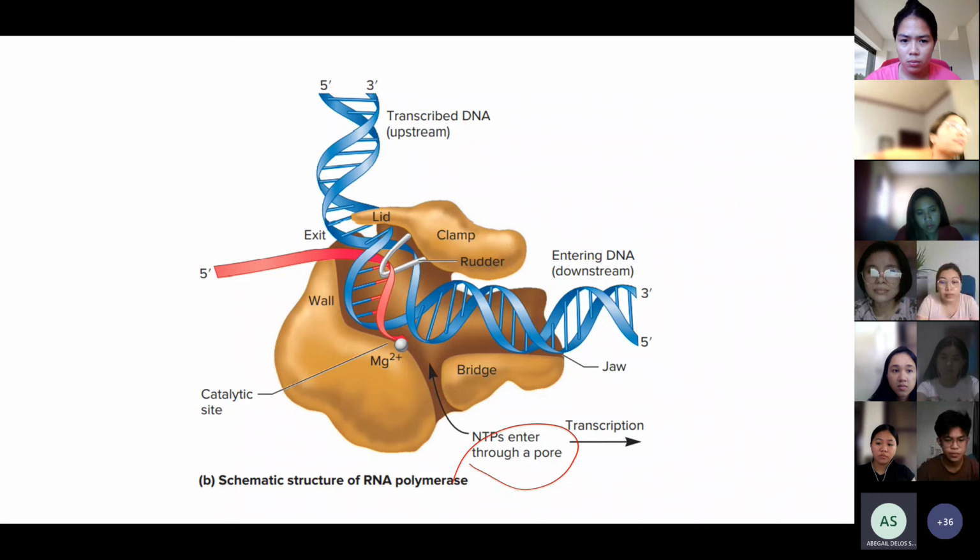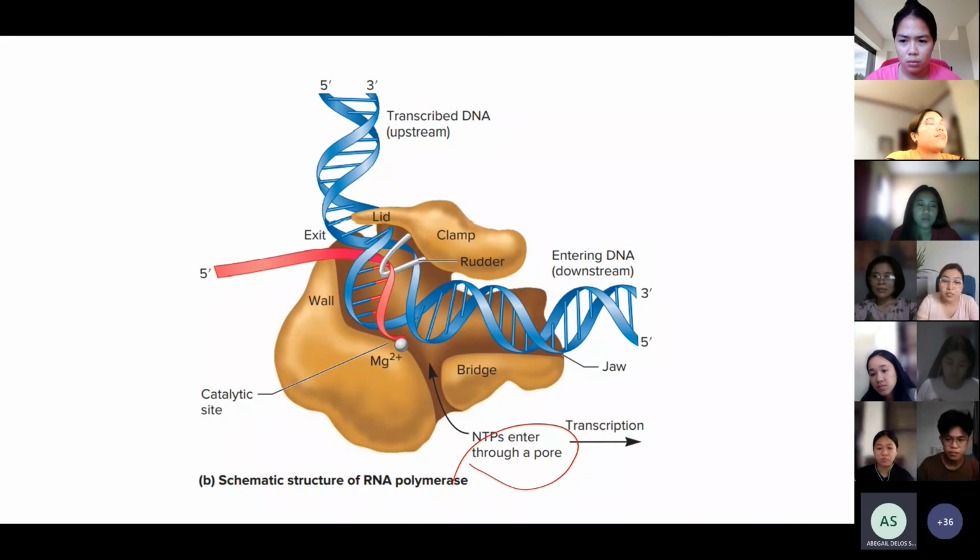The correct nucleotide would bind to the template DNA, just like the bacterial one, and would attach to the 3' end. As the RNA polymerase slides along the template strand, a rudder, which is about 9 base pairs away from the 3' end, would force the RNA-DNA hybrid apart, and the single-stranded RNA would exit under the small lid.